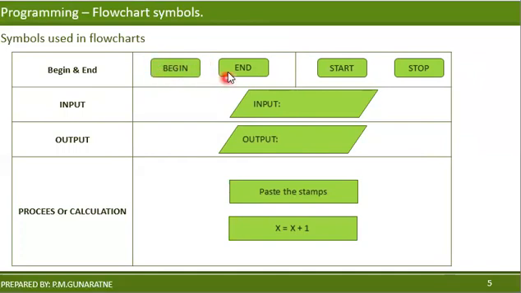You can write begin or start. Normally, we use upper case, that means capital letters. It is not a rule, right? If you write with simple letters, it will count. It doesn't matter. The end of a program will be represented using end or stop, right? I have categorized these two because normally we use this couple together and this couple together: begin, end, and start, stop. Some use begin and stop, but it is not the standard.